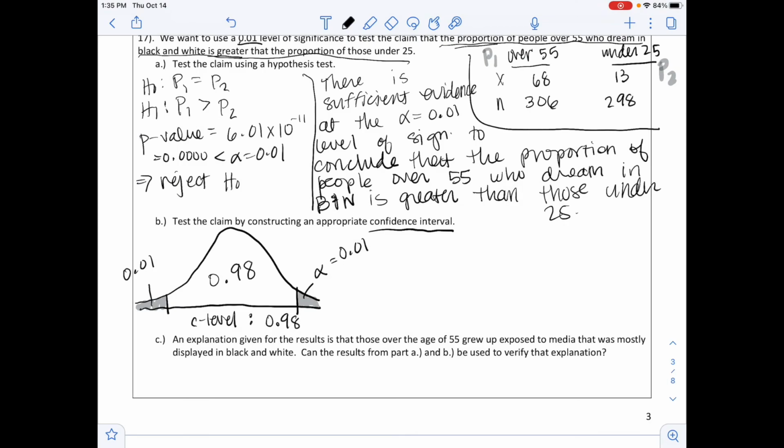So from the calculator, we get a lower value of 0.117 and an upper value of 0.240. So our lower limit is positive and our upper limit is positive. And so this means that 0 is not in this interval.